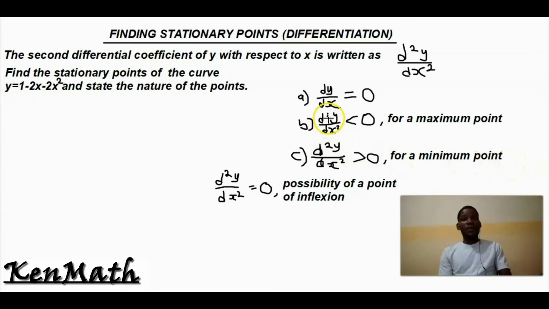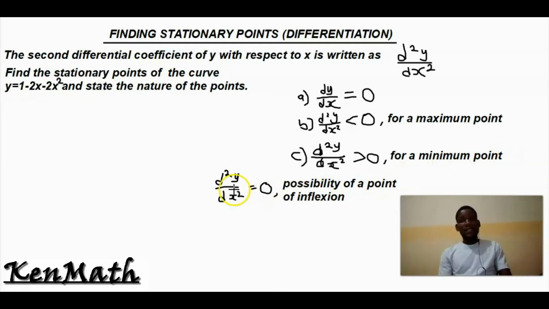Let me repeat that. If the second differentiation coefficient is less than 0, the stationary points that you have found are maximum points. If it is greater than 0, they are minimum points.